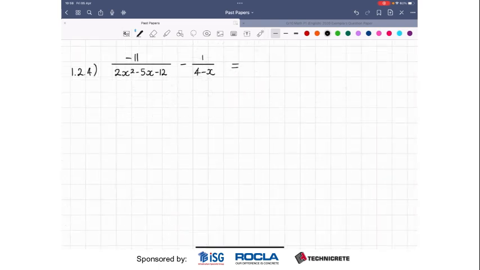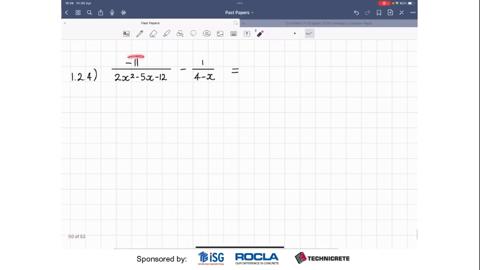Then for 1.2.4, I'm given these two fractions, and they both have expressions of x in the denominator. This one's a quadratic expression of x, and this one is just a linear expression of x. And I know that if I want to subtract these two fractions, I want to have the same denominators.